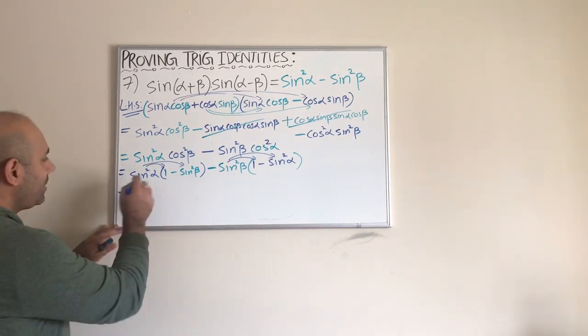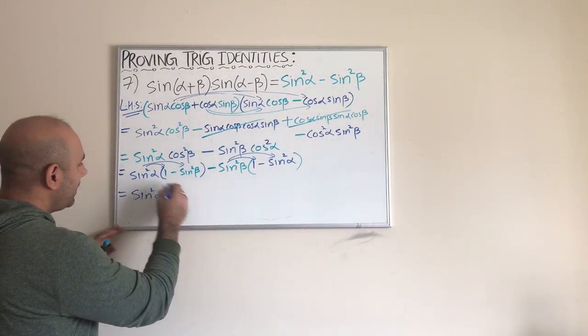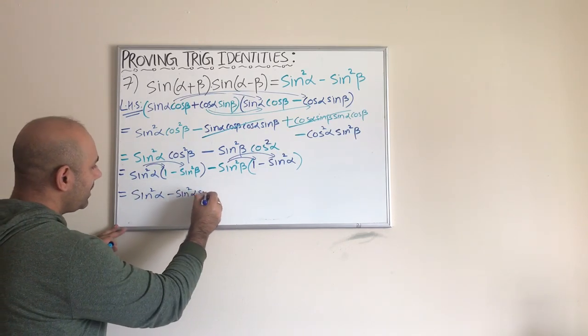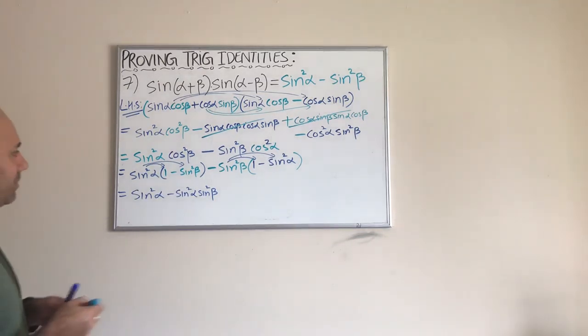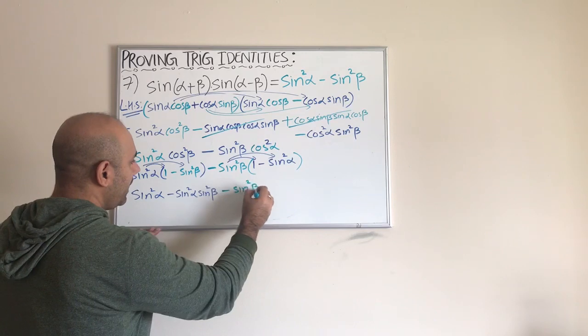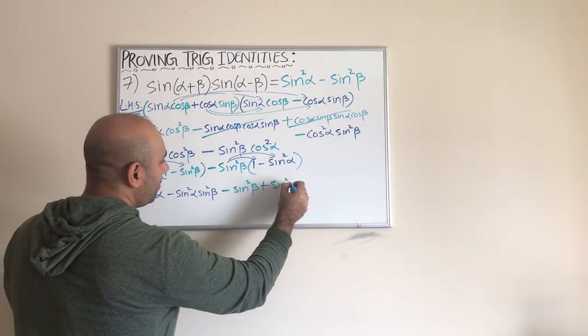Okay. So when I simplify this, this is sine squared alpha minus, then when I distribute this, this is sine squared alpha sine squared beta. Nothing really difficult about it. I'm just distributing this, and then minus sine squared beta, and then negative times negative will become positive sine squared beta.